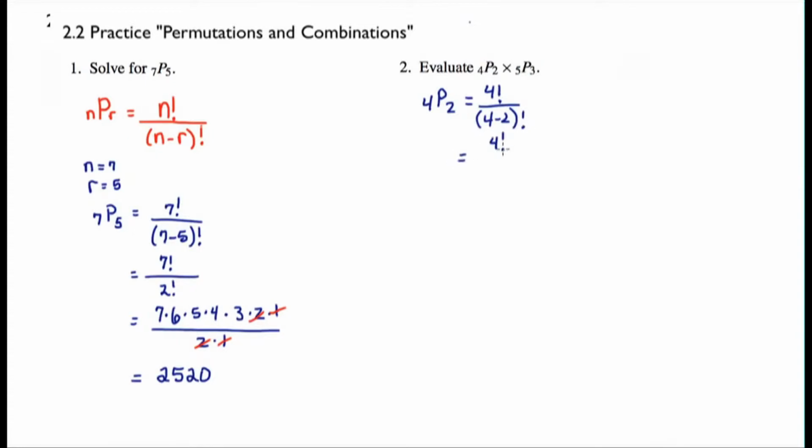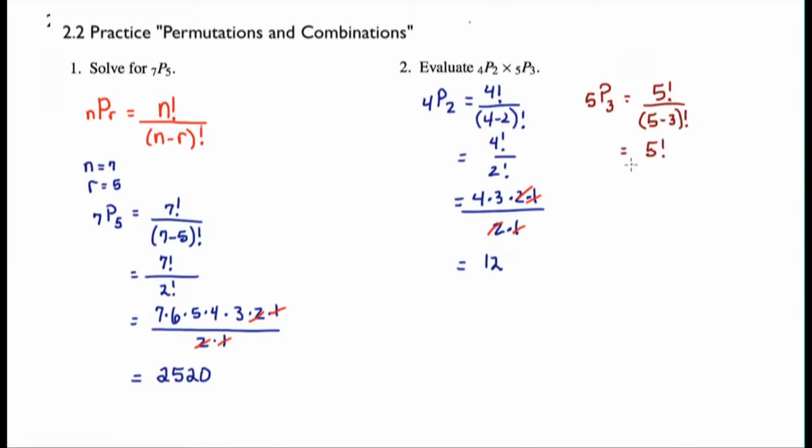Okay, so in example 2, we're going to do the same thing except multiply the two permutations once we find them. So we're going to find 4P2, substitute into the formula, and we can see this simplifies nicely to 12, and then 5P3, so it'd be 5 factorial over 5 minus 3 factorial, which is 5 factorial over 2 factorial, so that means it's going to be 5 times 4 times 3, because the 2 and the 1 will cancel, which gives us 60.